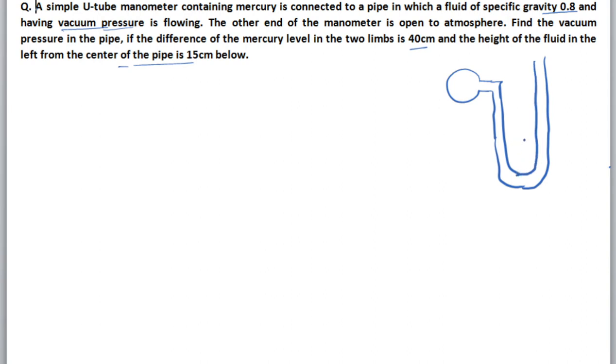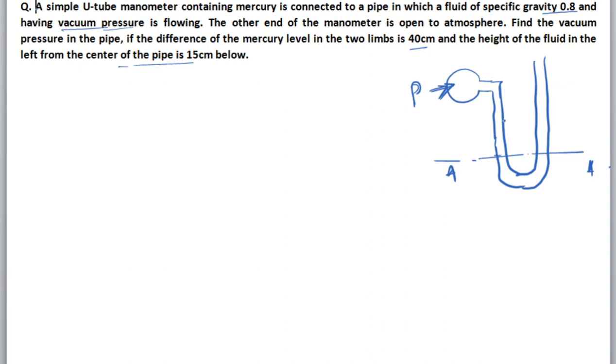Again, the mercury is given as our heavy liquid. So mercury is given, which means the density of mercury is 13.6 times 10 to the power 3. So that will be the density of mercury. Take the reference, I'm taking it at AA, the pipe inside which the pressure P is flowing, which we need to calculate.